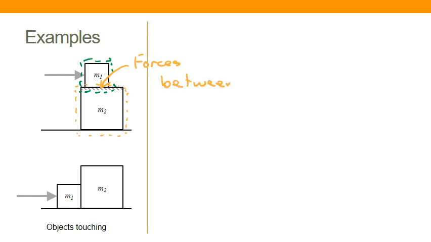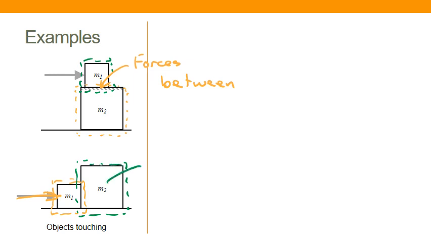So that's just one idea that you can use when you have two objects touching. And it's going to be really critical because, as we've already seen in one example, there may be forces that are exerted on one system that are not present on the other system.